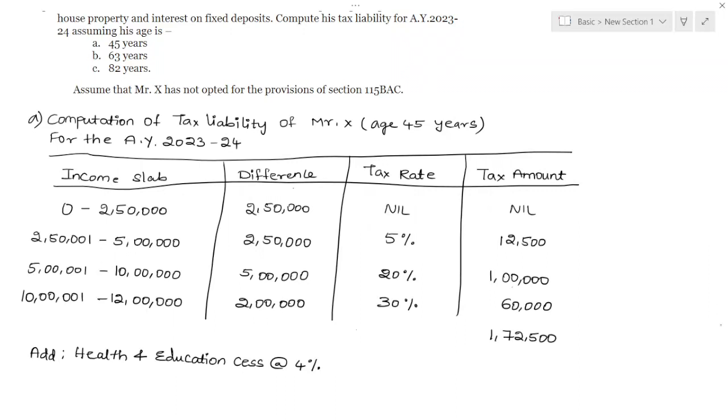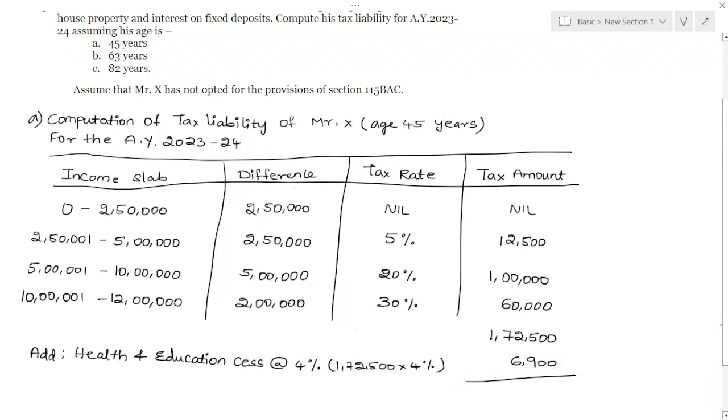Now 1,72,500 into 4%, when we do, 6,900 will come. Okay.